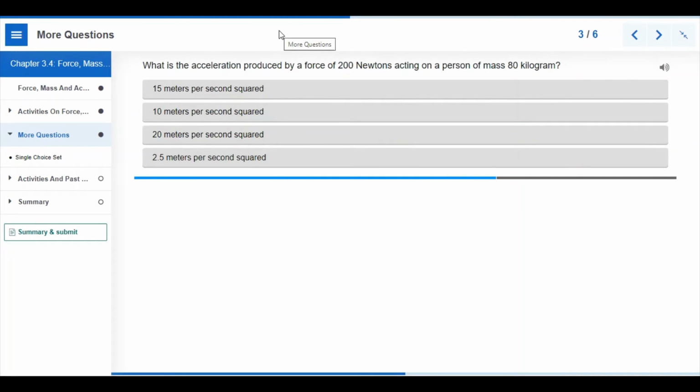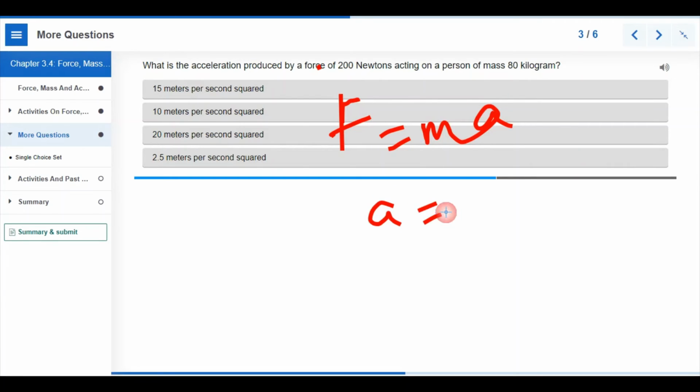So another question. What is the acceleration produced by a force of 200 newtons acting on a person of mass 80 kilogram? So let's do the calculation here. F also will always be equal to ma. We are to look for acceleration, which is equal to force over mass.